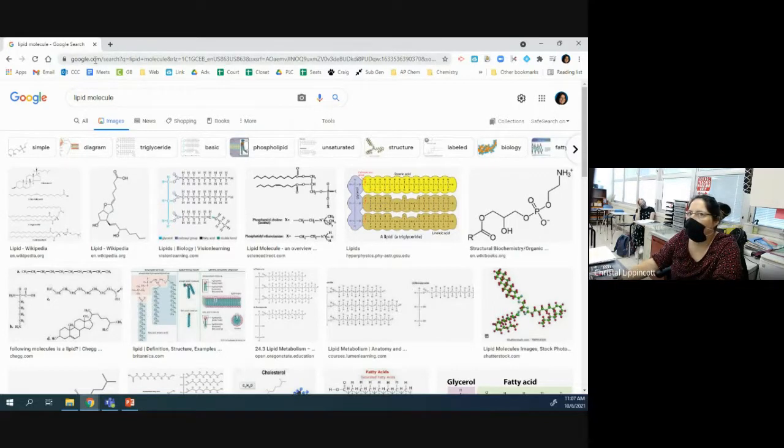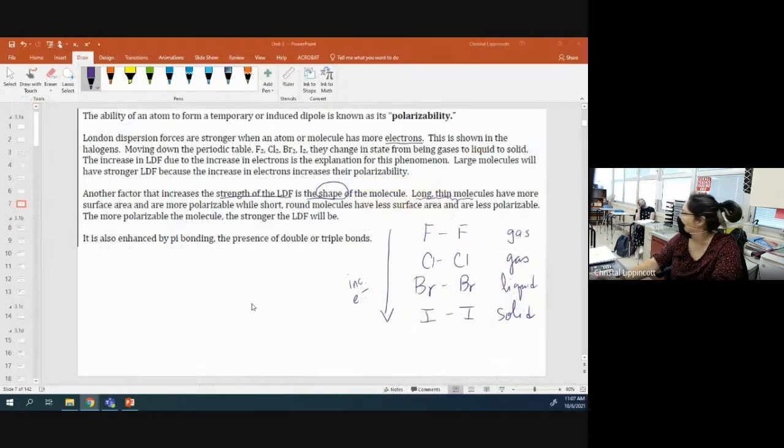A good portion of your nonpolar molecules end up being liquids or gases at room temperature. But fats are an exception. It's because of those long chains of fatty acids there. And again, the LDFs can also be enhanced by pi bonding, the presence of double and triple bonds.